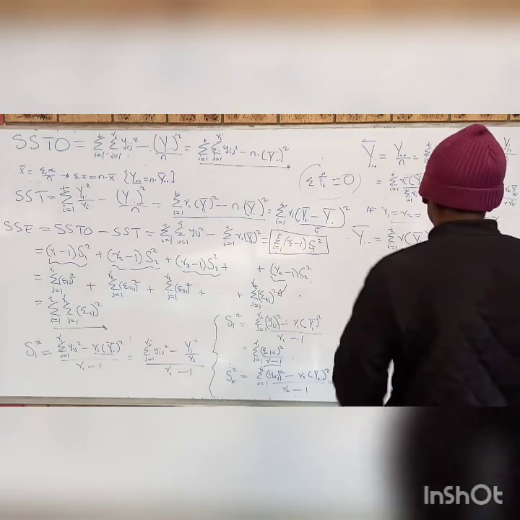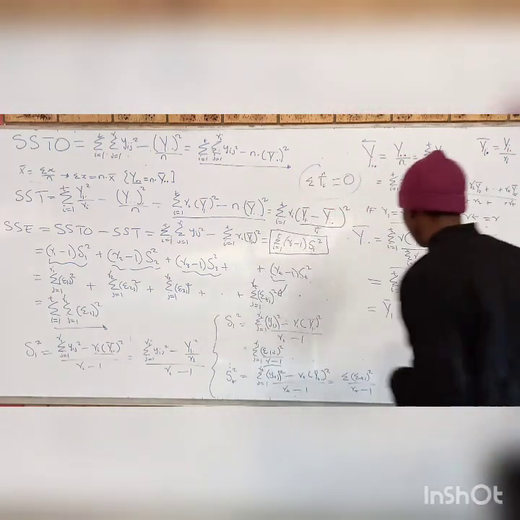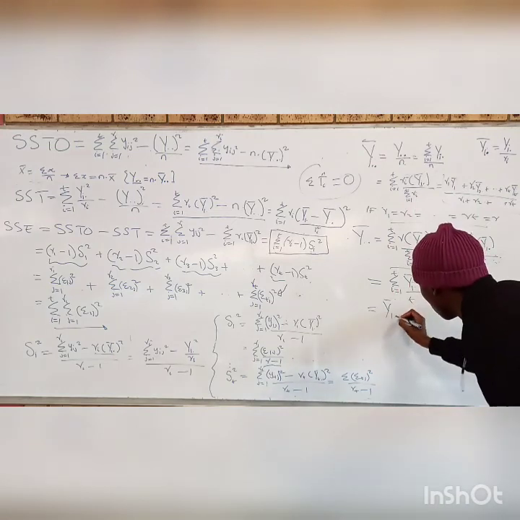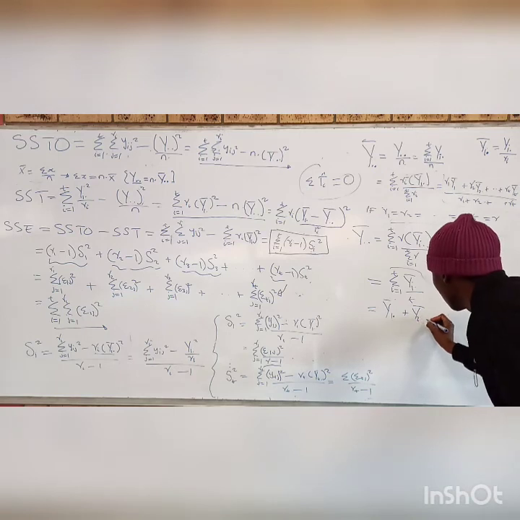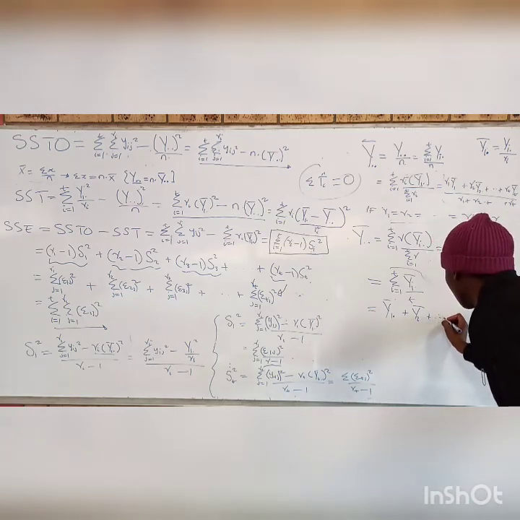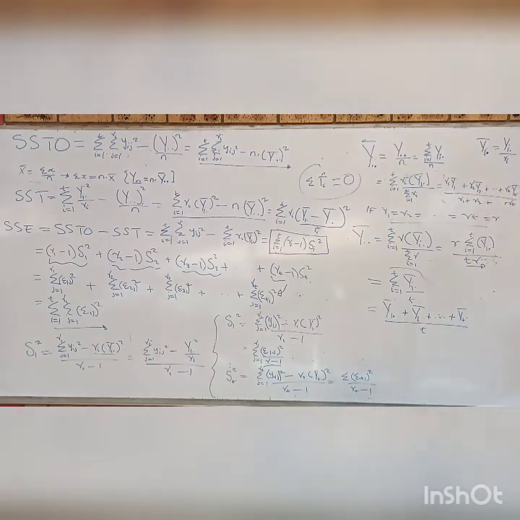So proceeding further, R will cancel out R. That's why we have this, which in your case you can write as y1 dot bar plus y2 dot bar plus, until you write yt dot bar, divided by the number of treatments. So you see how this is connected.